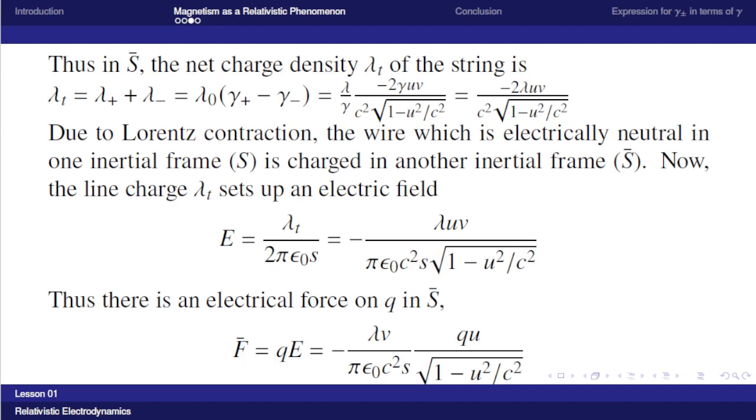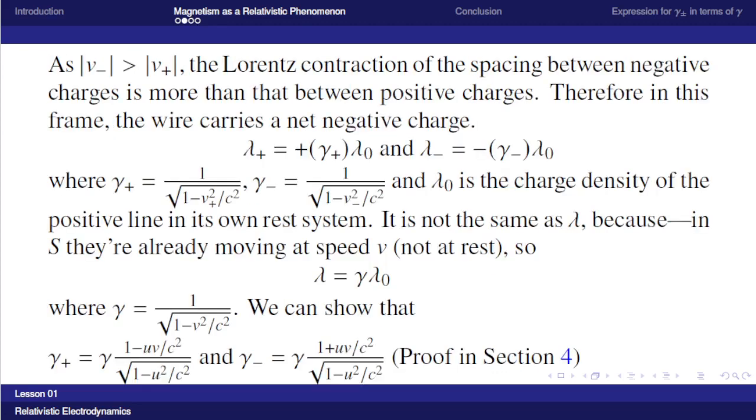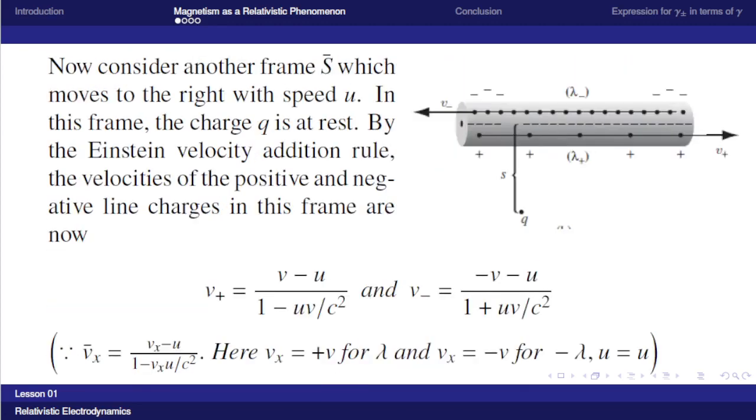So the magnitude of the electric field is minus lambda uv by pi epsilon 0 c square s root of 1 minus u square by c square, and this 2 gets cancelled. So this force is the electrostatic force between the point charge q, which is at rest in the S bar frame, and the charged conductor.